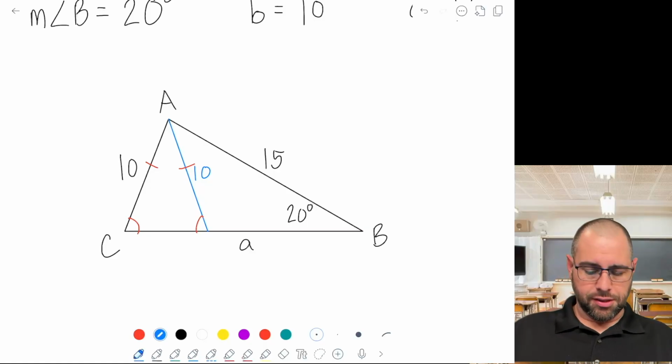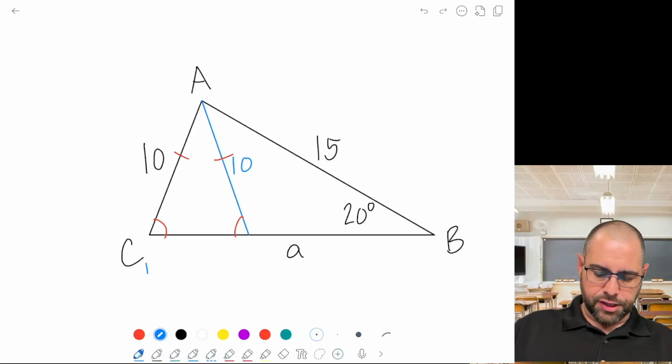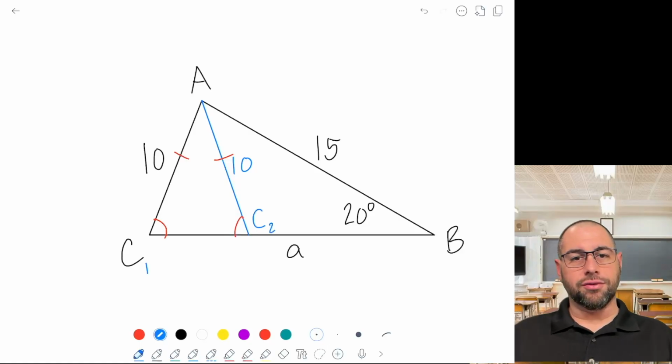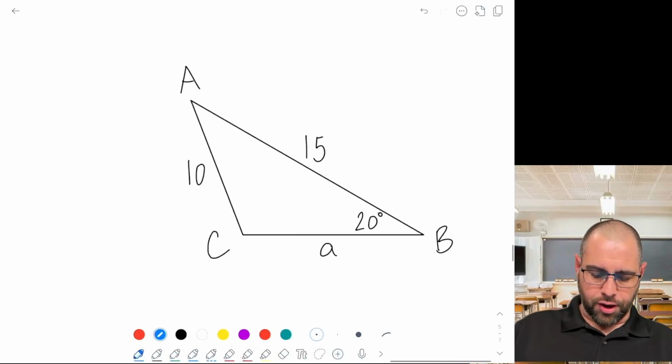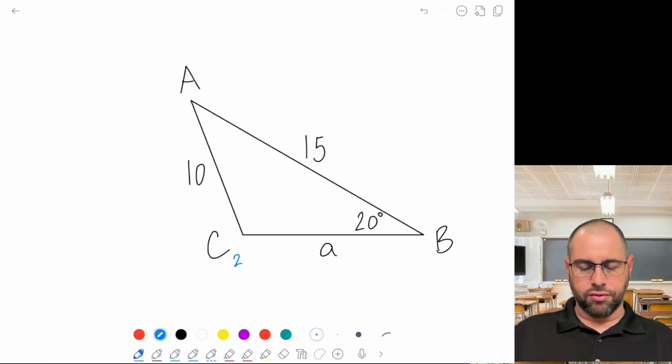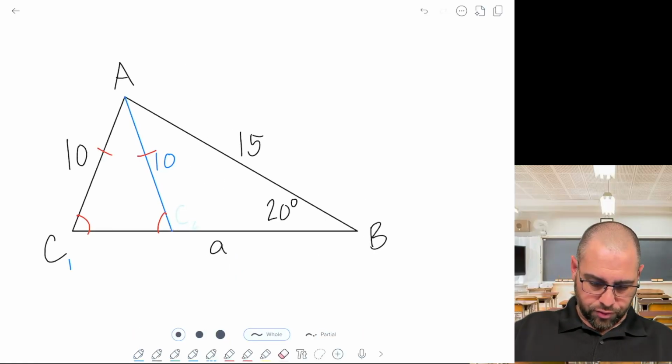Now, angle C, we'll call it C1 for a second. If this is angle C1, then this angle here would be considered angle C2. And that's what we created on the other triangle. This here is angle C2. And these are supplements of each other.